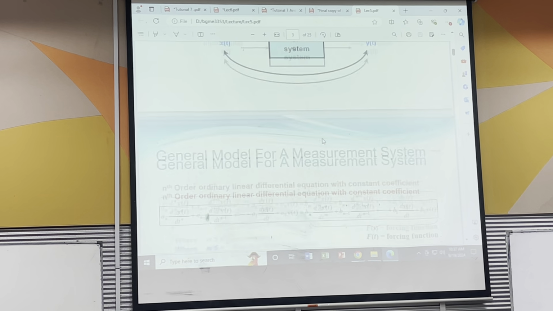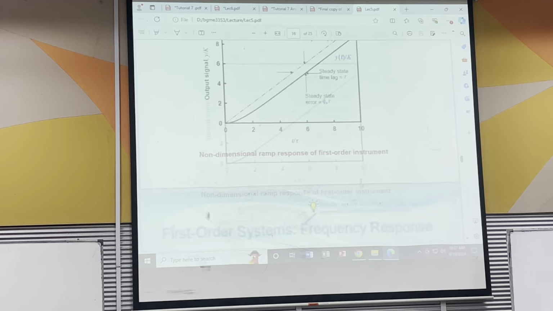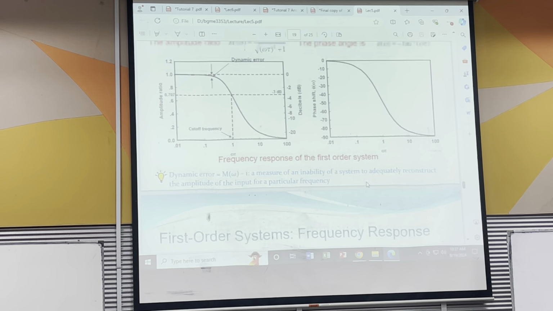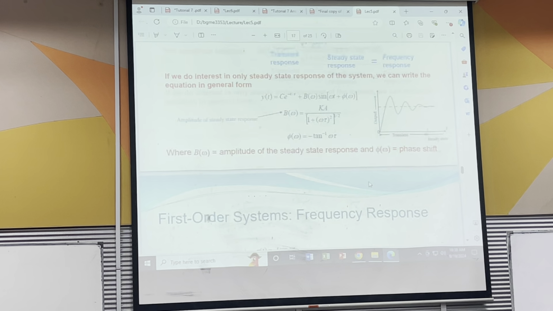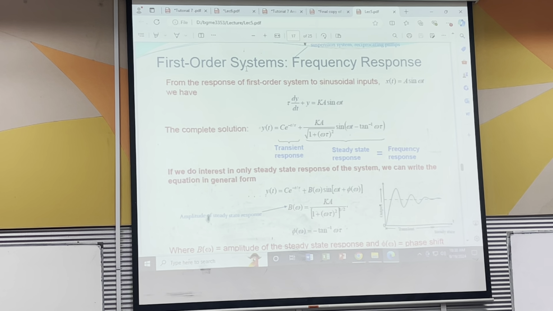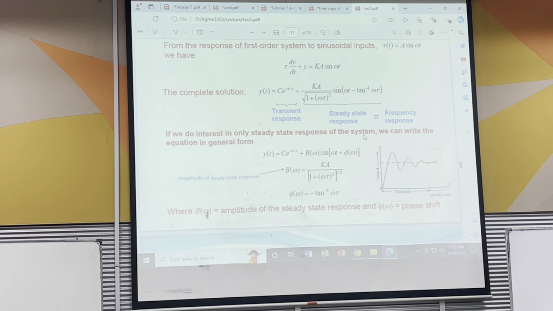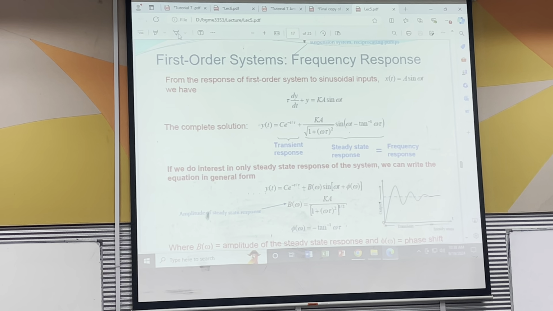Okay, this is a first order frequency response, right? If you all can still recall, I think this one is still an online exam, so you refer to your notes.